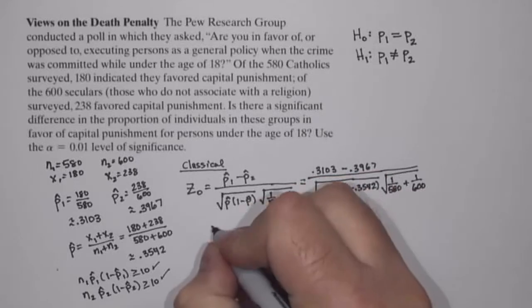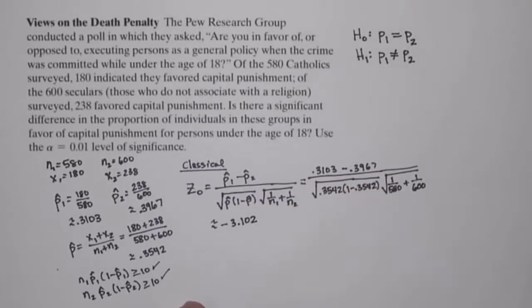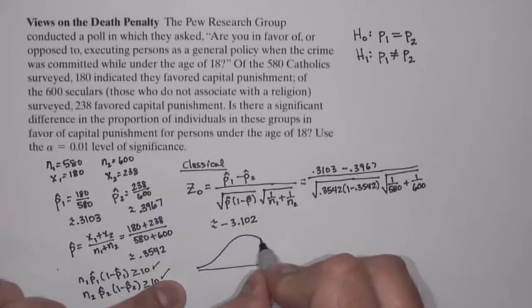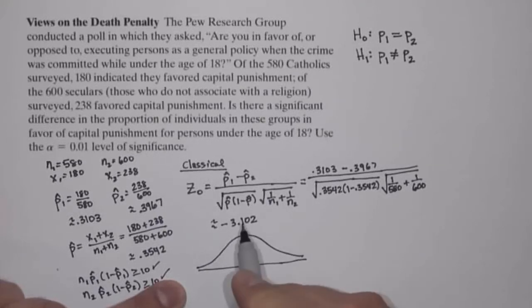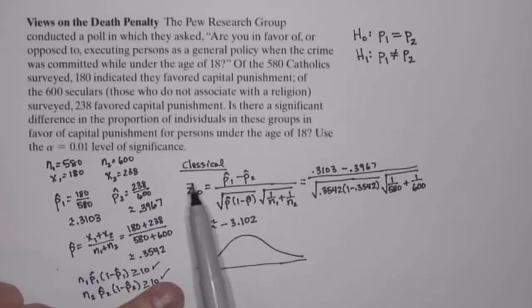So this result is negative 3.102. Now, if I'm using the classical approach, then I need to determine my critical values to compare the negative 3.102 to. So we're using a level of significance of 0.01, and we have a two-tailed test.